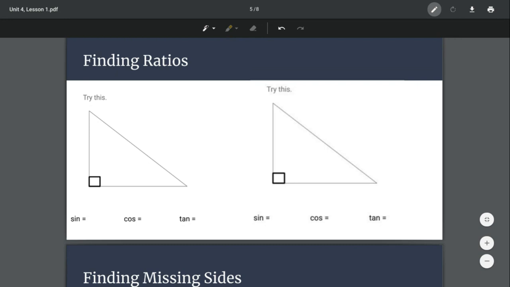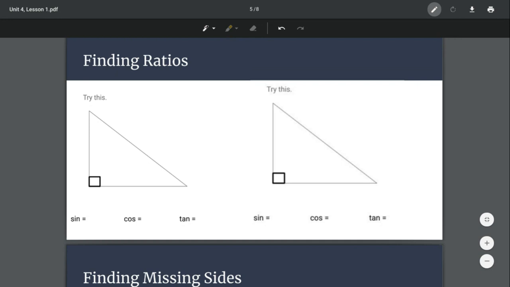Okay, finding ratios. Remember, if the video stops, there's another part that might happen on this one. Okay, sine. Anyways, I myself call them by their abbreviations by accident, but you should not do that. All right, finding ratios.